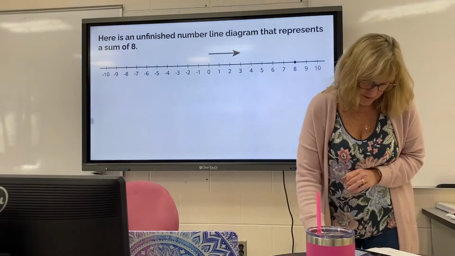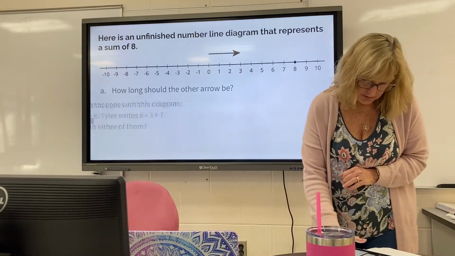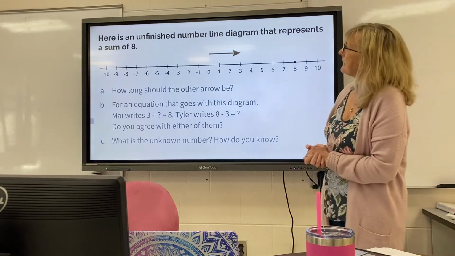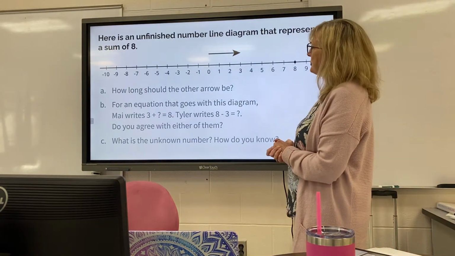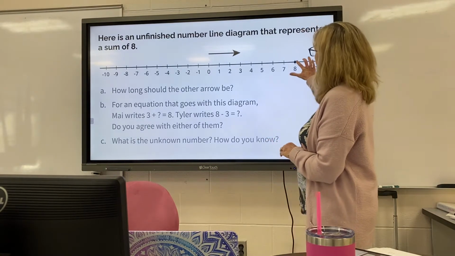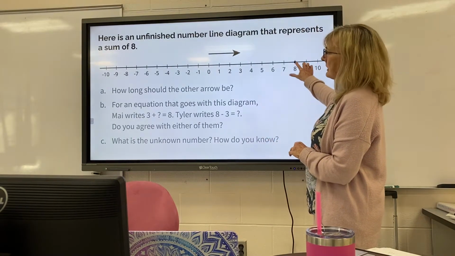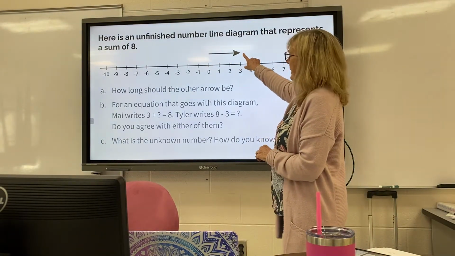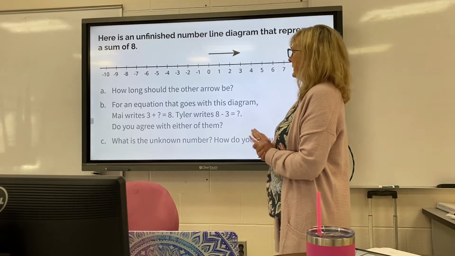So this one starts out, let me get all the questions down there. Okay, this one starts out with, here is an unfinished number line that represents a sum of 8. We know it's a sum of 8 because we've got a dot here on 8, and all we have is the first number that got added, and that was a 3.